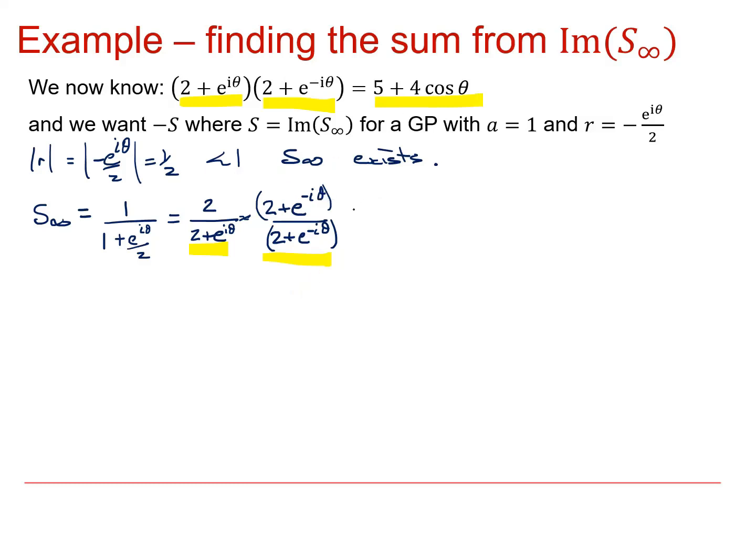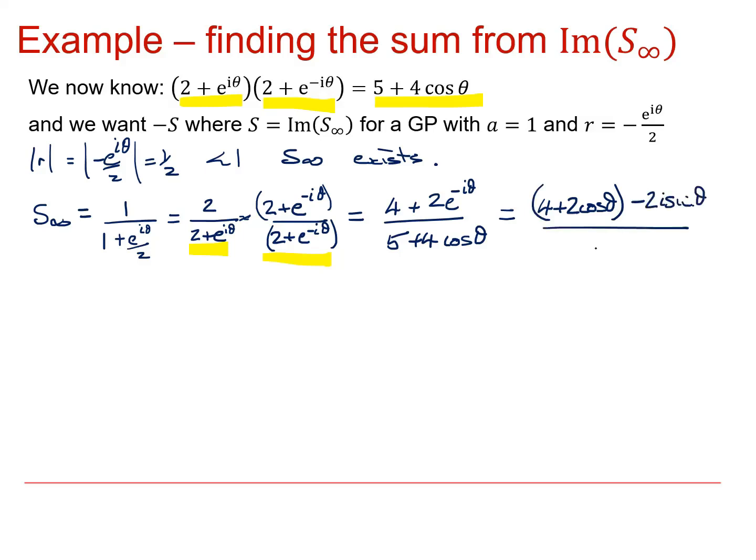So if I sort out the top line, I'm going to get 4 plus 2e to the minus I theta all over 5 plus 4 cos theta. And just tidying up what this means, that's going to be 4 plus 2 cos theta minus 2i sine theta, and that's all over 5 plus 4 cos theta.